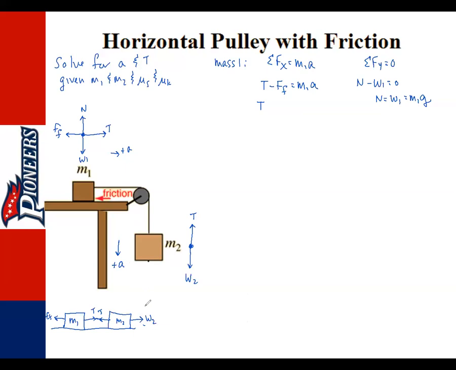In order for this to move, this force has to be greater than friction, otherwise it doesn't move. So one of the things you would check is whether the weight of box 2 is greater than the force of static friction, because if it's not, it can't move. Does that make sense?